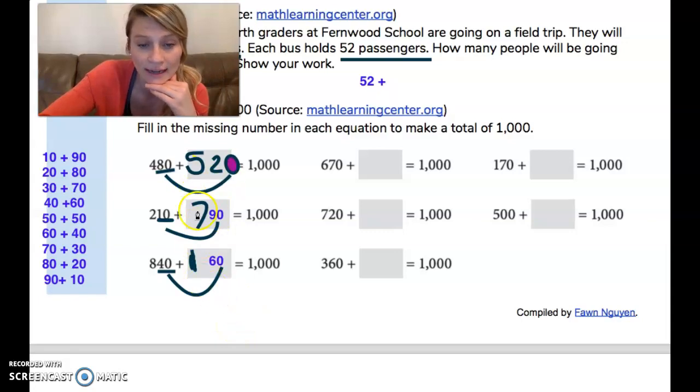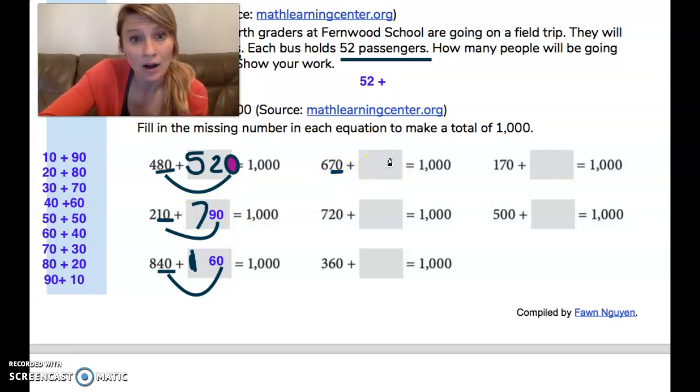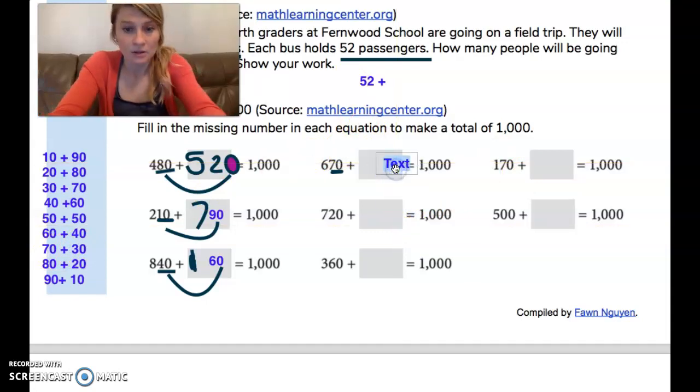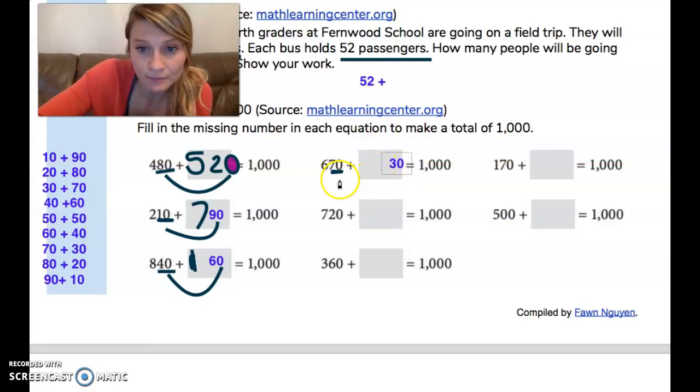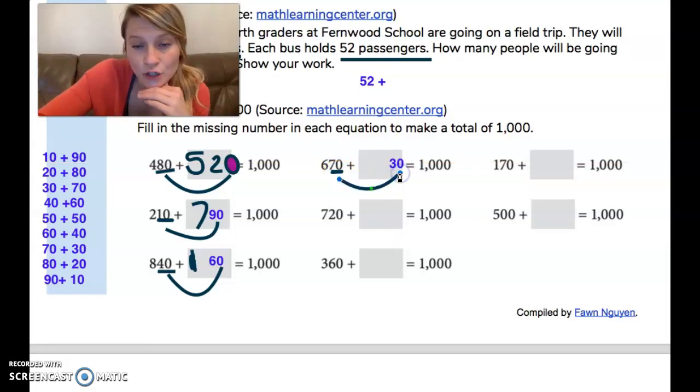These always connect to 100. Always, always, always. So let's try this one, okay? 70 plus how much equals 100? Well, look, 70 plus 30. So we know we need 30 more. So there's my 100. 70 and 30 is 100. So now we have 600. I wish I could highlight this.